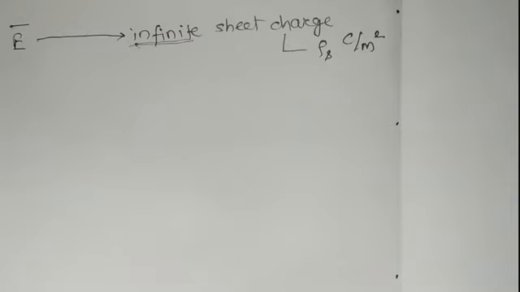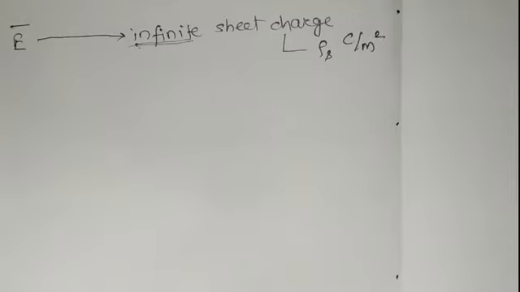So to derive the value of E for the given infinite sheet charge having the surface charge density rho s coulomb per meter square, we consider a three-dimensional coordinate system, and the coordinate system is the cylindrical coordinate system.